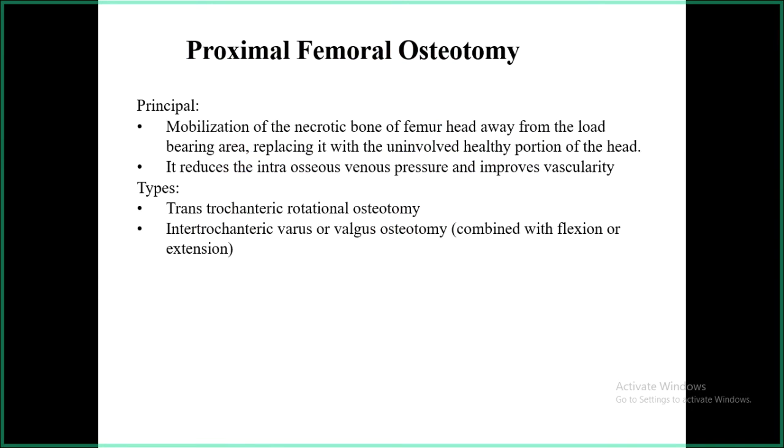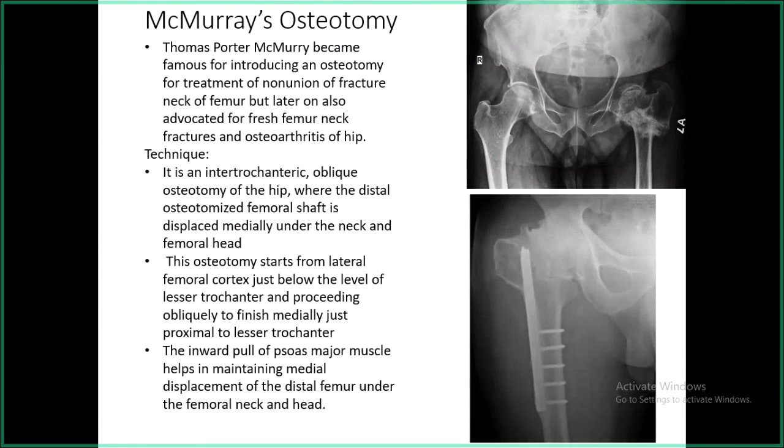There are two types: transtrochanteric rotational osteotomy, and the second is intertrochanteric varus or valgus osteotomy combined with flexion or extension. The McMurray osteotomy was used in the past, especially in developmental dysplasia of the hip, as well as coxa vara of the hip.